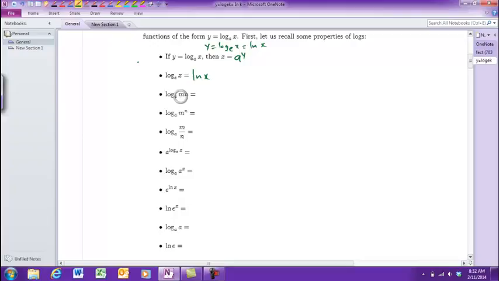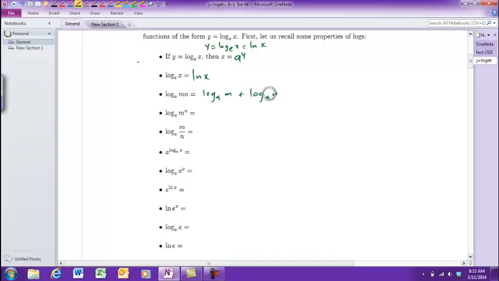Log base a of m times n: if you have two things multiplied together inside a logarithm, you can split those up and add the two logs. It's the same thing with exponents, where if you multiply two things together that have the same base, then you add the exponents.